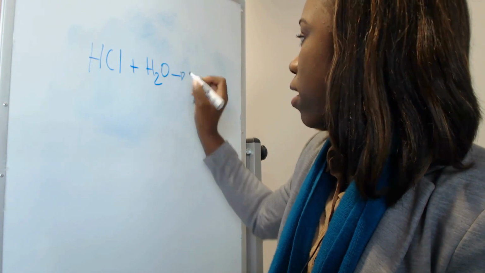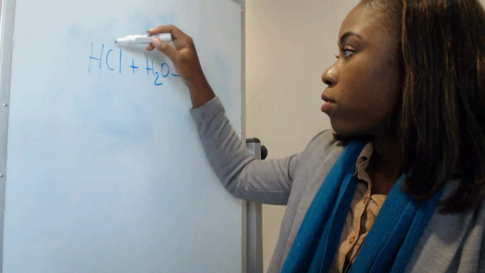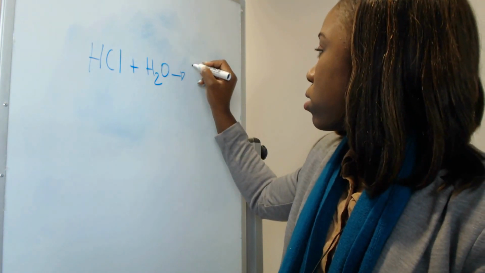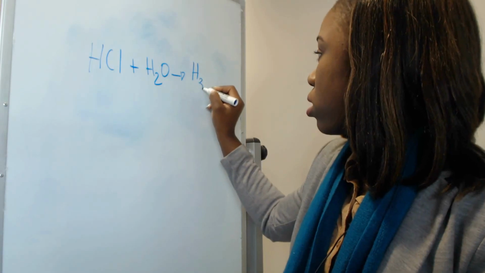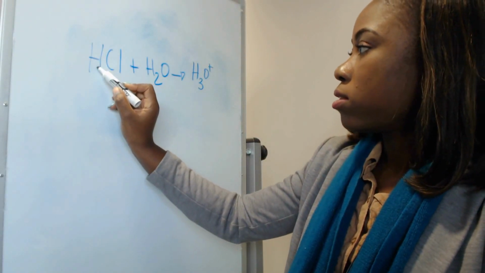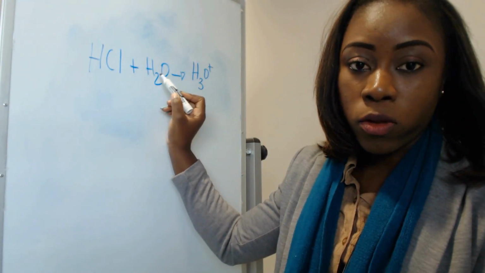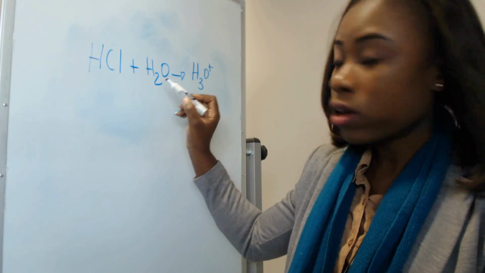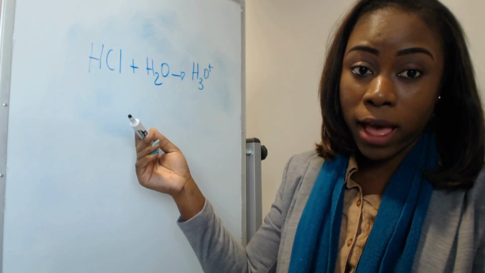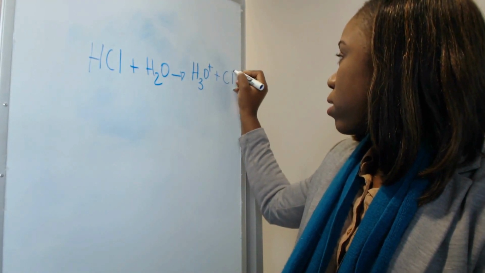So what I'm gonna have, the thing is, HCl is gonna give a proton to water, so that I have H3O+, because this hydrogen goes on the molecule of water, and therefore it protonizes water and gives us H3O+, which is hydronium ion, and then plus Cl-.